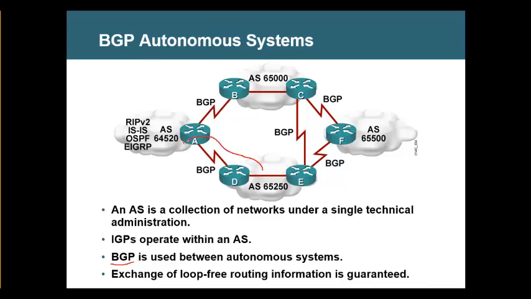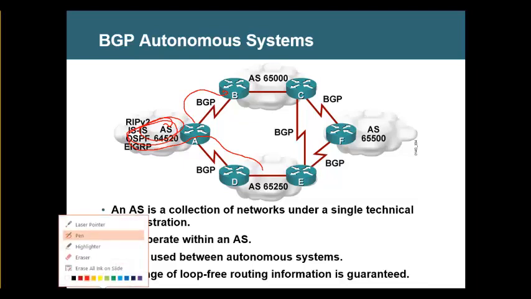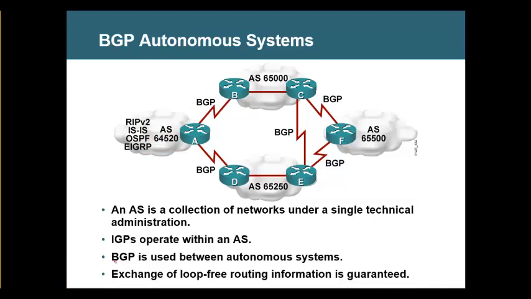And internally OSPF, EIGRP will work, and again BGP will take from here and give it to here. So that's how the routes get distributed all around the world. Within a company, the routes are distributed using IGP protocols.